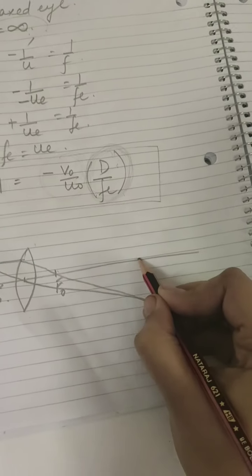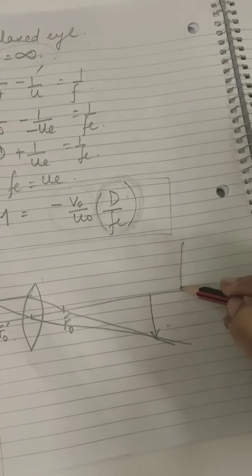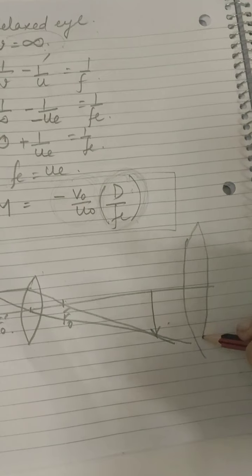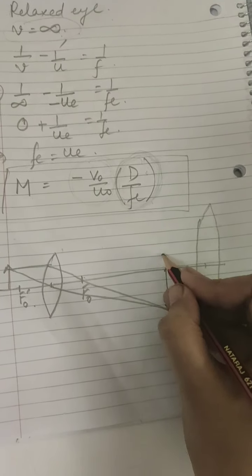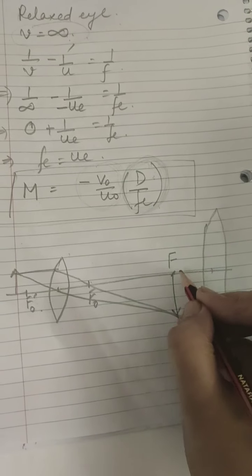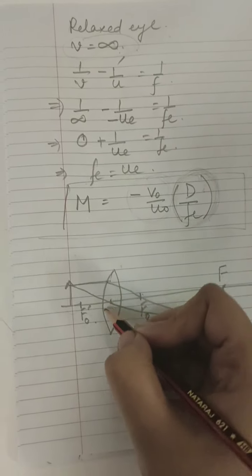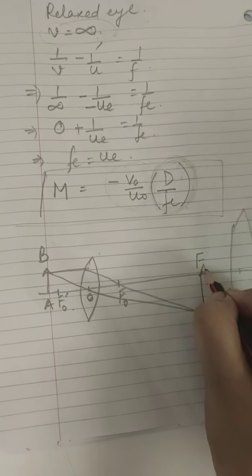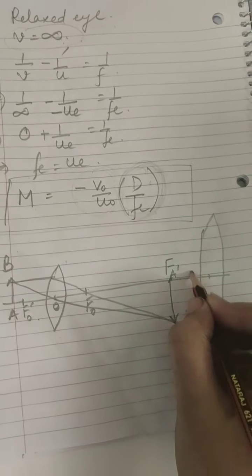It is meeting at such a point that if you keep the eyepiece here, and this is the first focus of the eyepiece, then the image of this object, A prime B prime, is forming at the first focus.